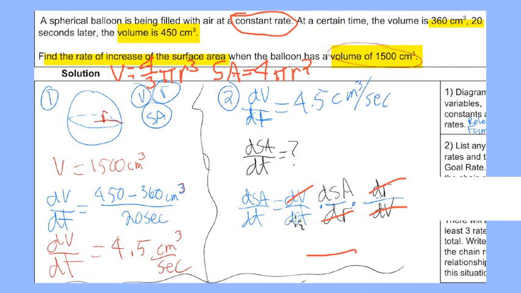Now what we're going to do is start with the known rate that we have, the actual numeric rate, which is dV by dt. I know that I want to end up with dSA on the top, so I need to start my next rate with dSA. Then I have to look at my equations and see, what kind of a rate can I get from surface area? Well, surface area is on the left and r is on the right, so it's going to be the derivative of surface area with respect to radius.